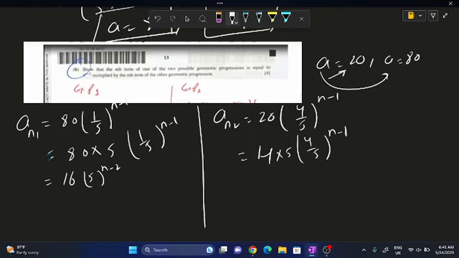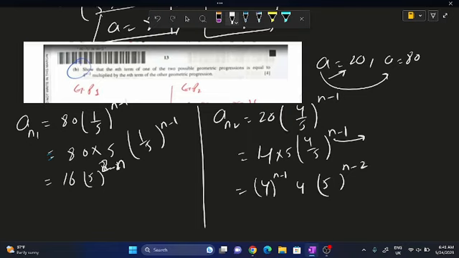Again I have to make it 2 minus n so that I can make a comparison. This is my 5 raised to the power 2 minus n, so that I can make a comparison or put the relevant values over here. So it gives me 4 raised to the power n minus 1 times 4 times 5 raised to the power n minus 2.